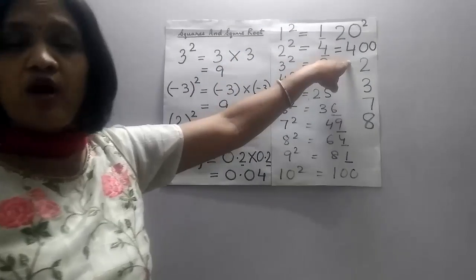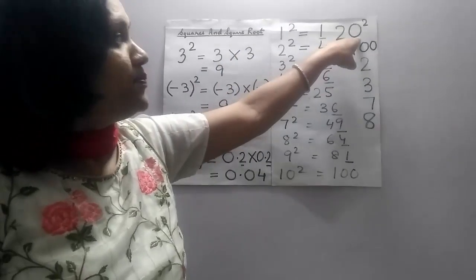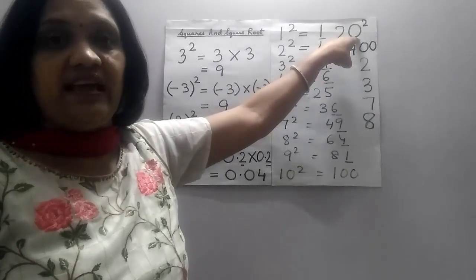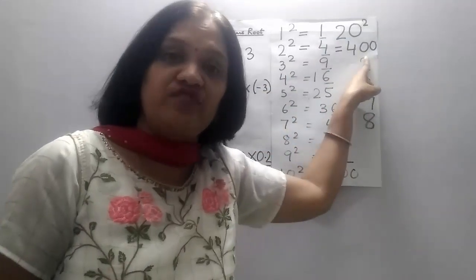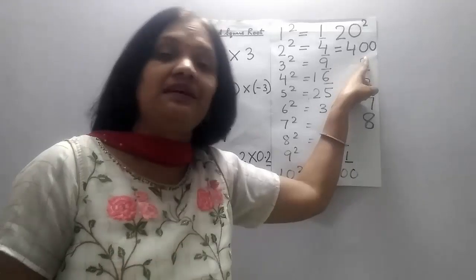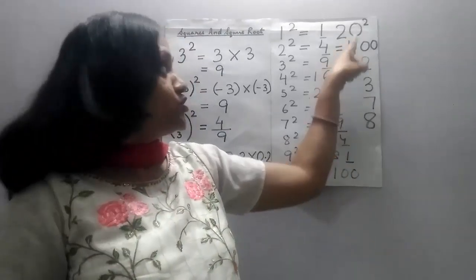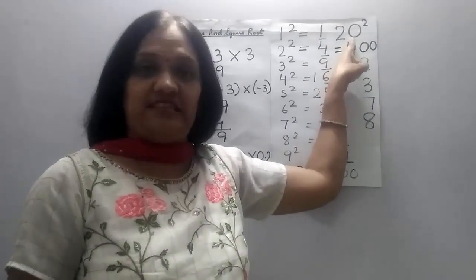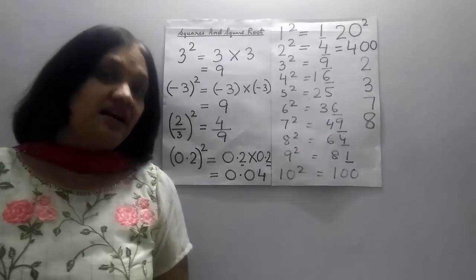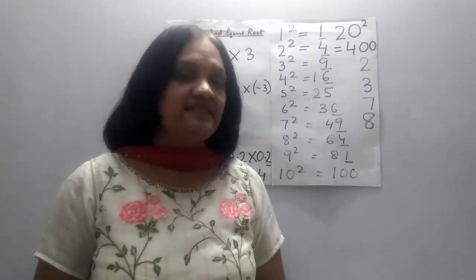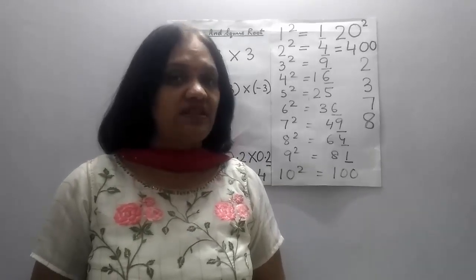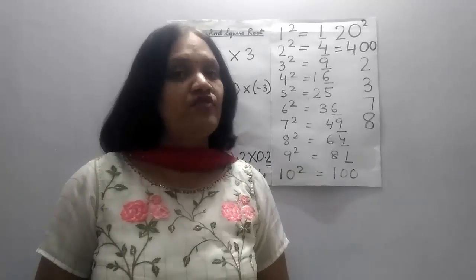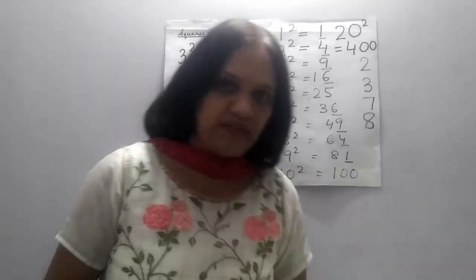So we are getting 400. Now the number of zeros in 20 is 1. But in 400 we have double the number of zeros which we had in 20. So this is another property of squares. When we square a number ending with a 0, the number of zeros gets doubled.